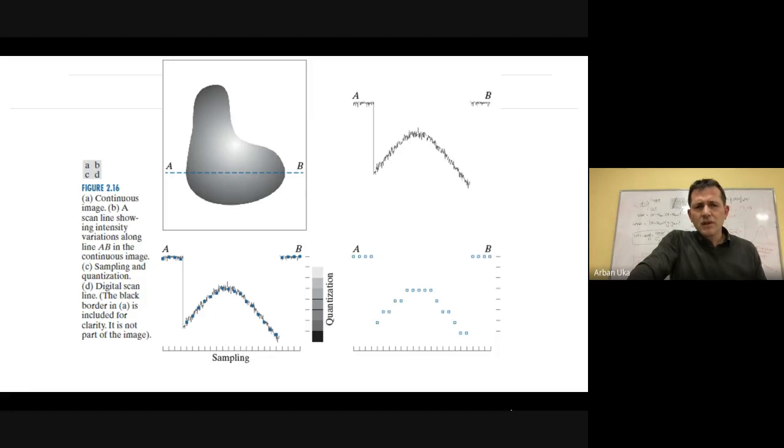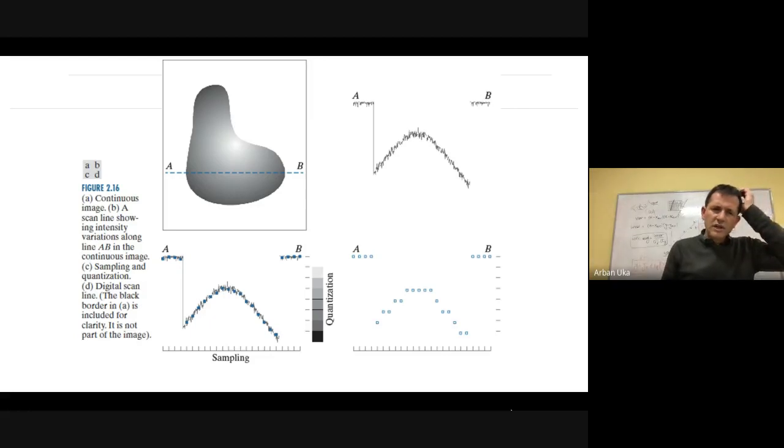Just to the left or to the right of the point A, we have high intensity. This could be the brightest spot. And right at the edge of the object, which is darker than the background, the intensity drops. Then as we move from A to B, we observe that the intensity is increasing. It's still increasing. Apparently the highest contrast is at the edges. And just before we go to the other edge, closer to B, the intensity drops a lot. At B, the intensity is high again.